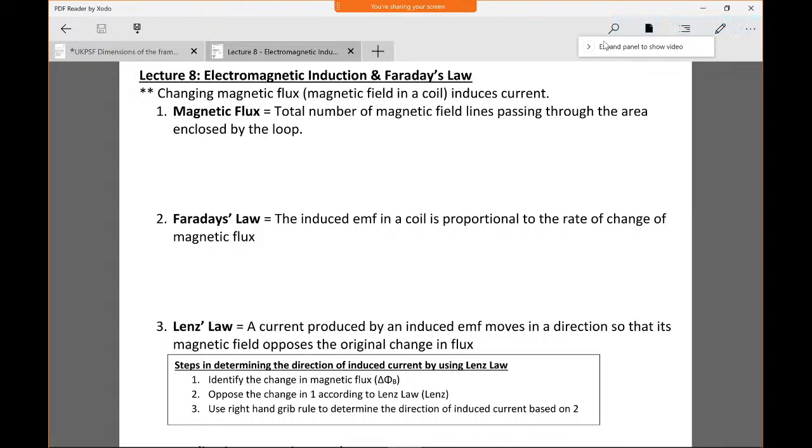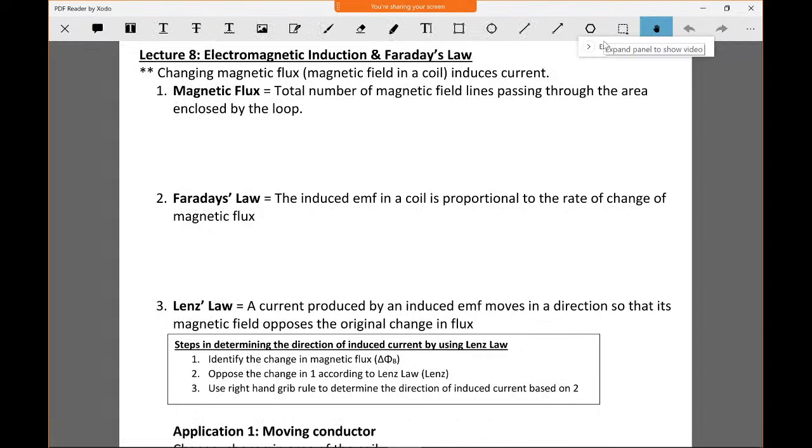Electromagnetic induction and Faraday's law. Right? So the first sentence in your summary notes is our one and only concept in this topic. If you say this topic is very difficult, it is not too complicated, it does not have a lot of concepts. It's easy because it has only one concept.